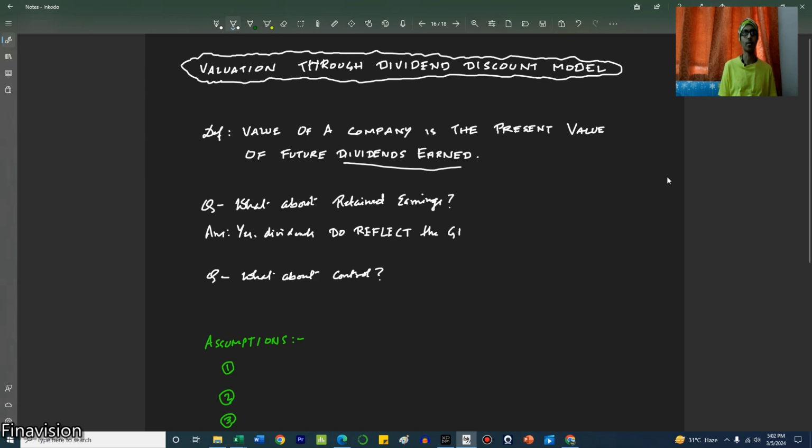Dividends reflect the growth due to retained earnings in the long term. And what about control? The answer is, generally speaking, investors have a non-controlling interest, unlike the promoters.